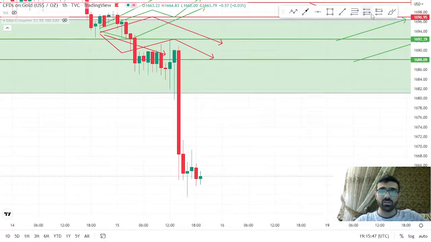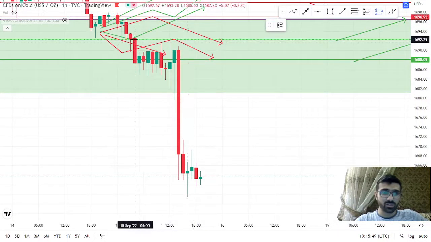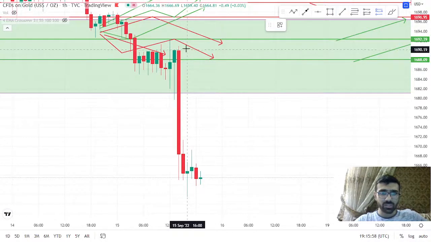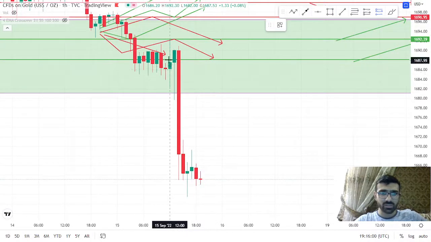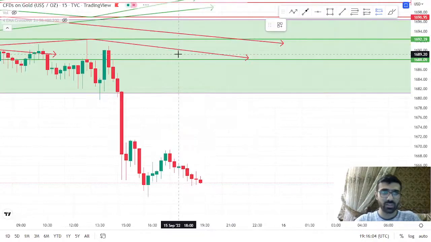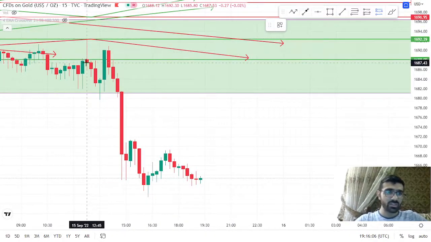If you were a non-risky seller, you could have shorted when market entered over here once again and closed below this area. But since this was not a selling candle, you had to look for a 15-minute selling candle, and you can clearly see that this was a selling candle.